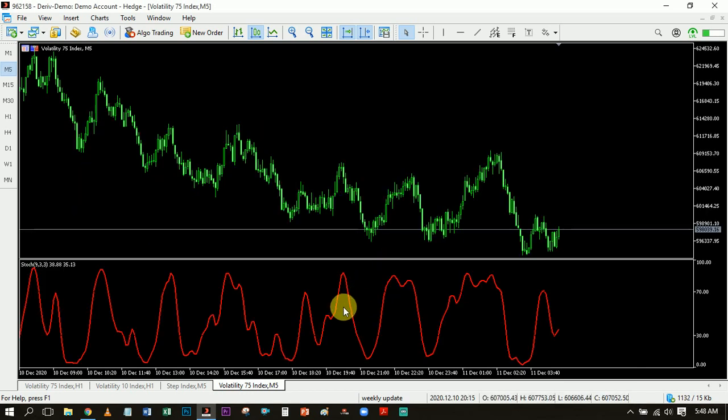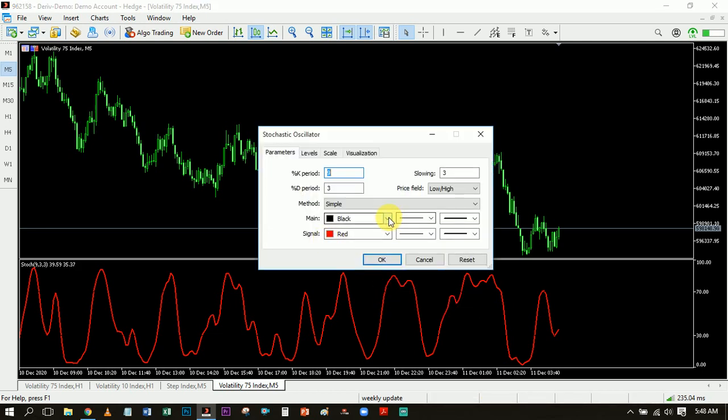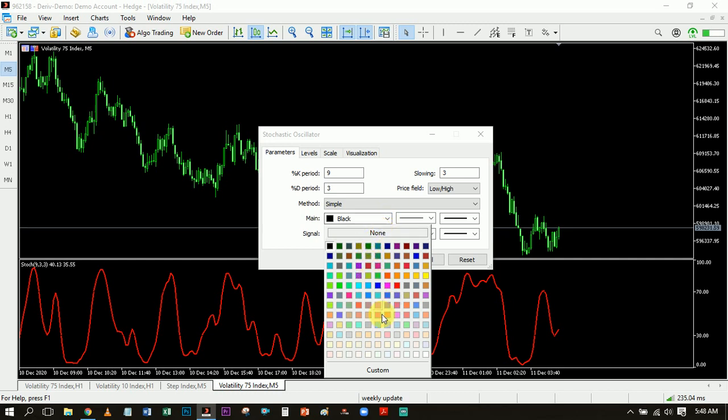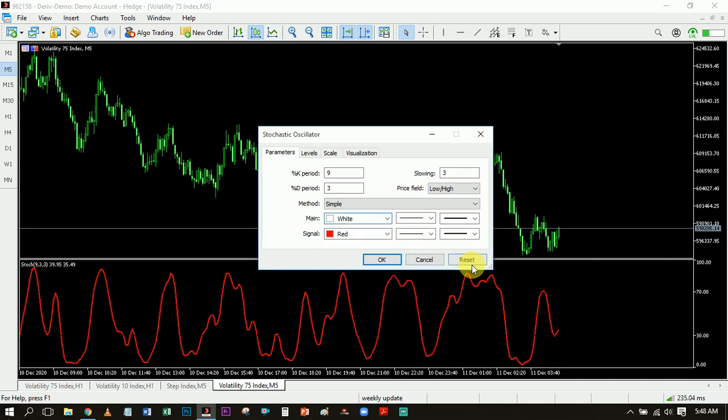Sorry, my indicator is looking a bit different. Let me change this. The background is black, so the line ought to be white. Let me just reset this.